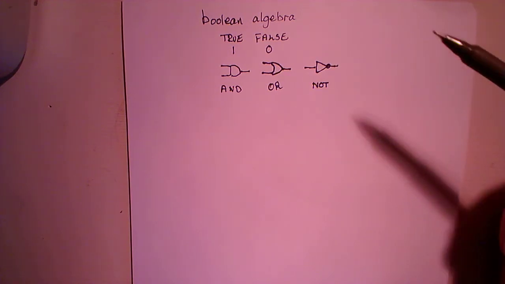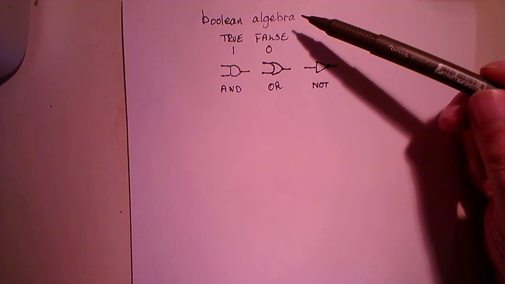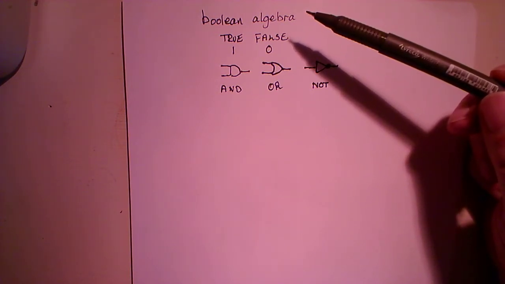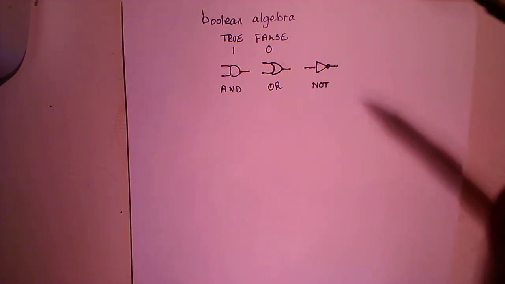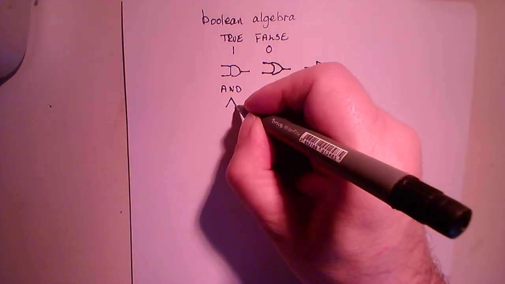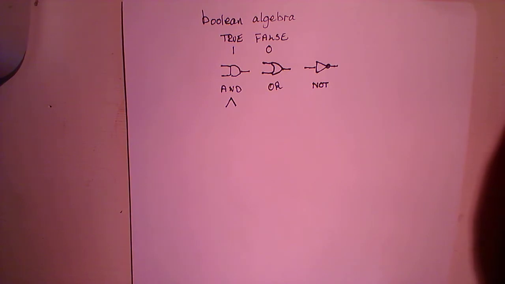There is the Boolean algebra, so the mathematical symbols, you'll probably see this more in mathematics, but it's exactly the same thing. There is a symbol for AND, which is just, it's called a caret on a keyboard, C-A-R-E-T, not carrot as you would eat.